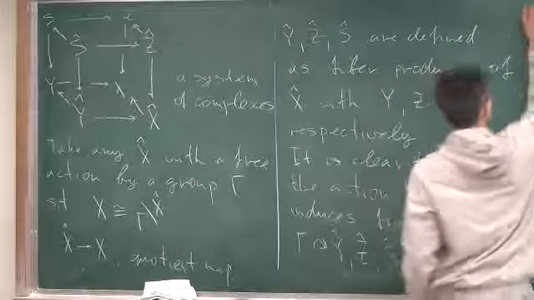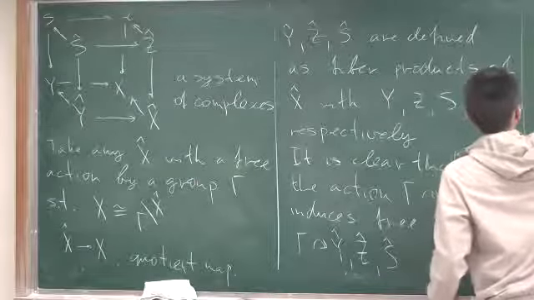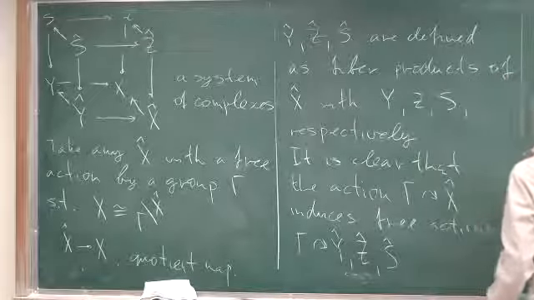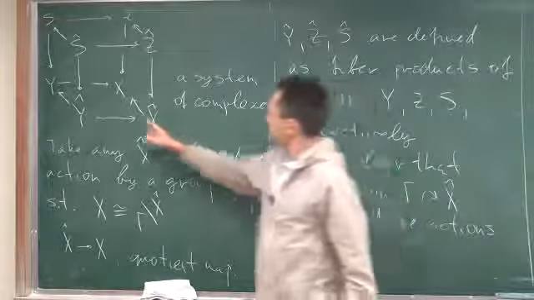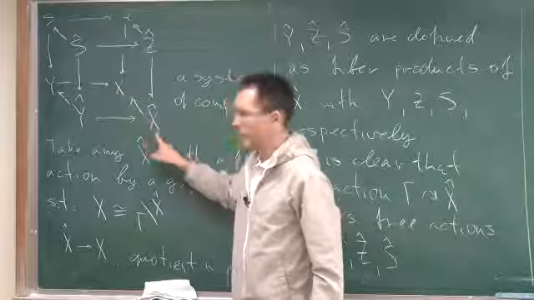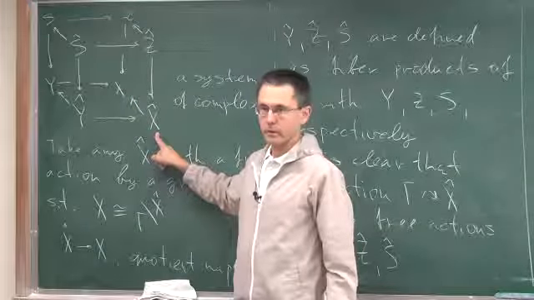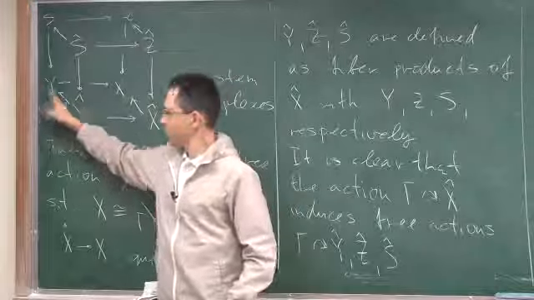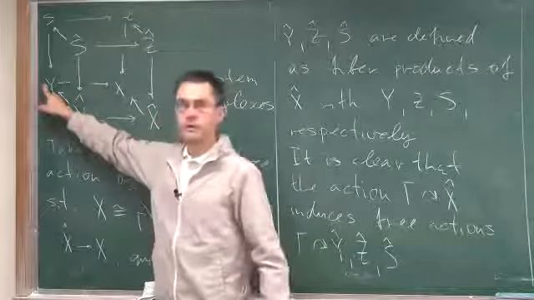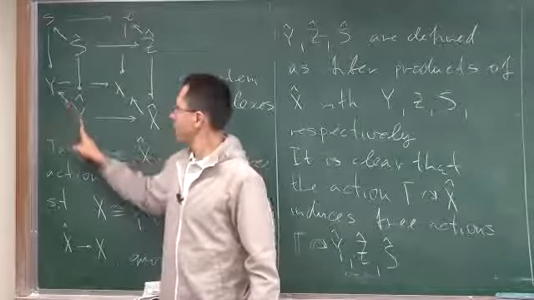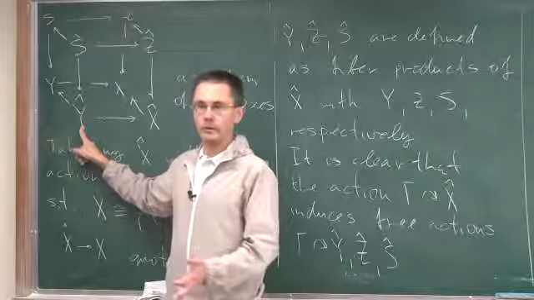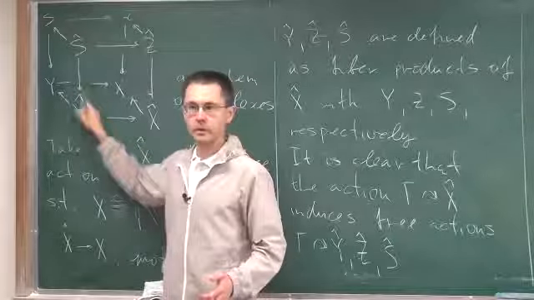And moreover, since the preimages of vertices in X under these maps are exactly the orbits, the same thing is going to hold for these preimages. You pick any vertex in Y, for example. The preimage of that is exactly an orbit of the group action on this complex.